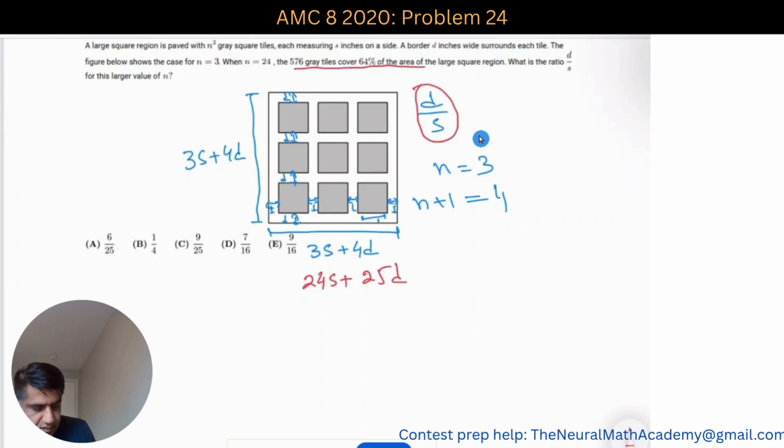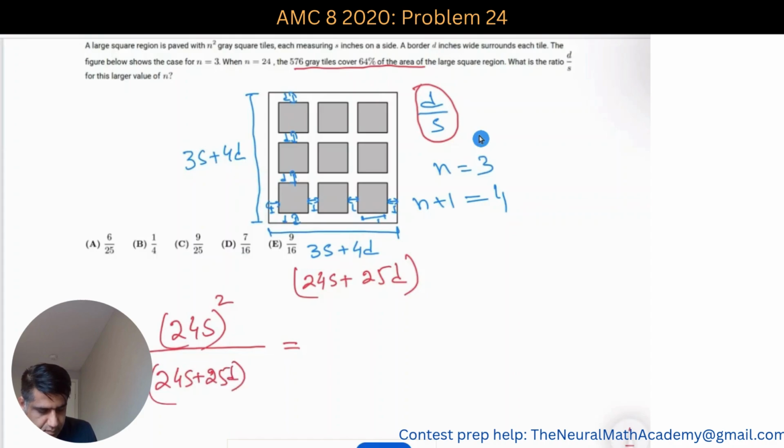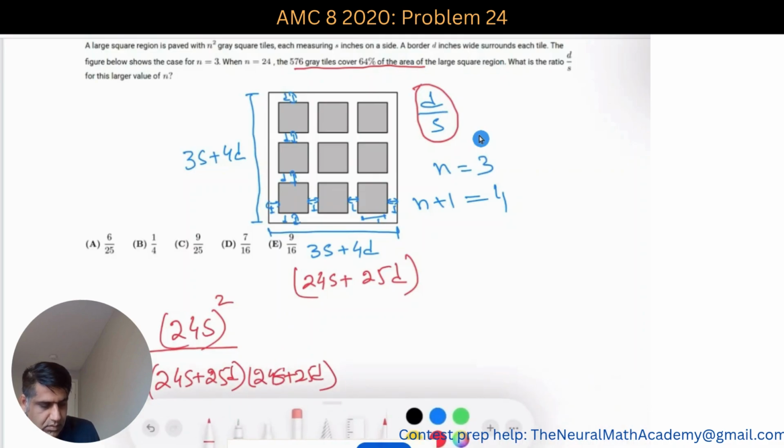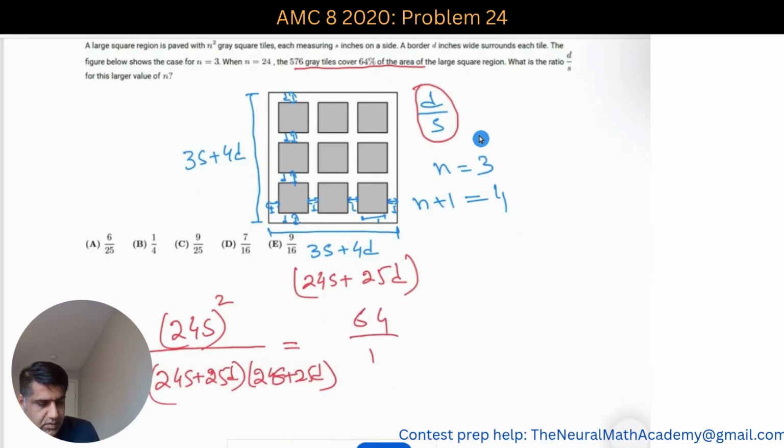Since it is a square, I can write the area of the 576 tiles divided by the total area of the square, and that is equal to 64 over 100.